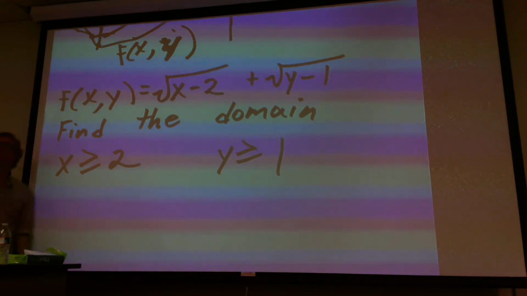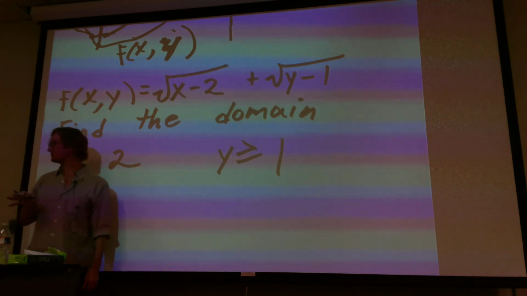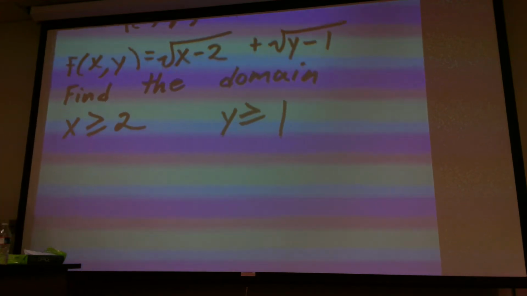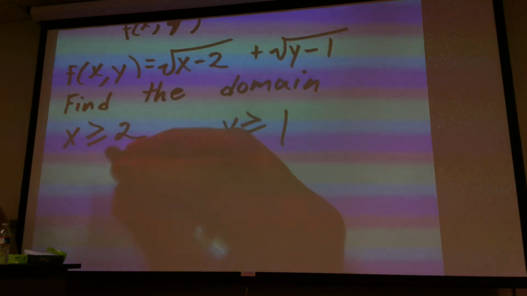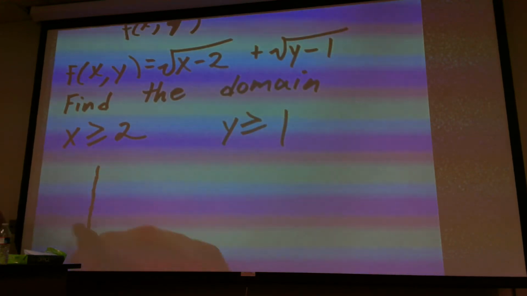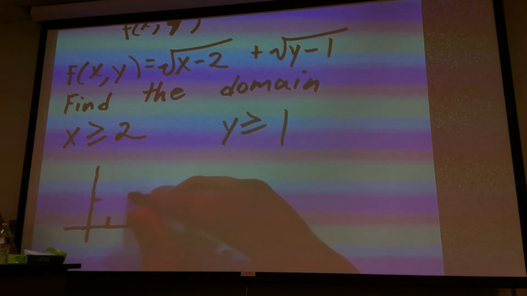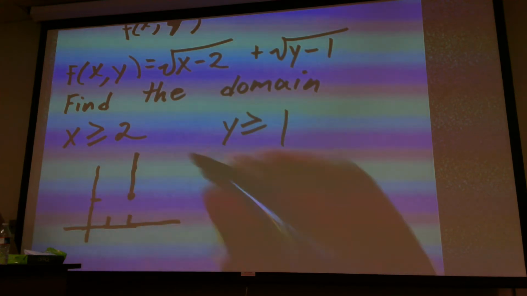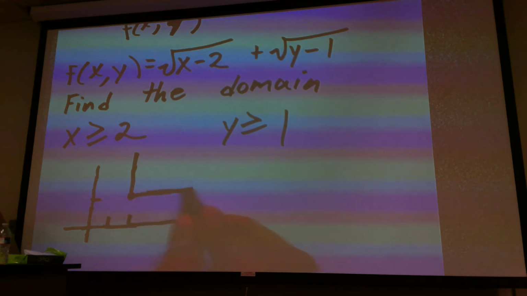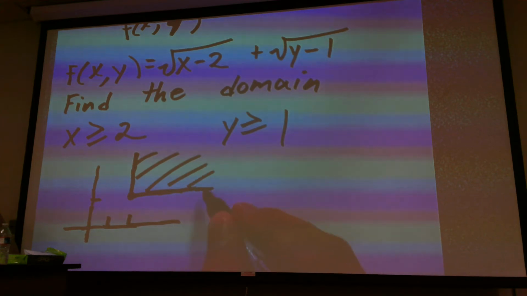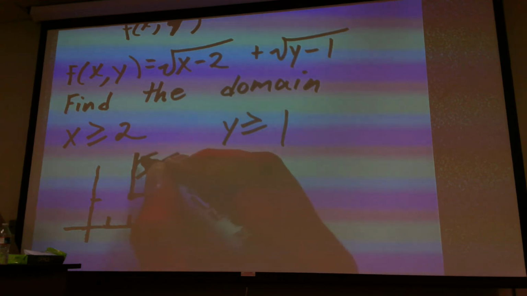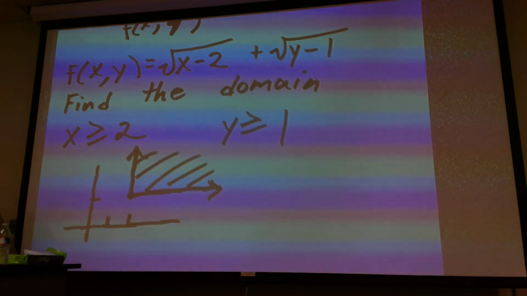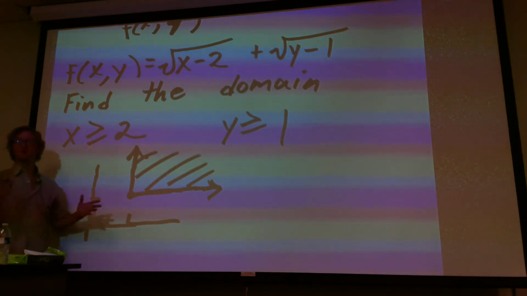So if I was going to draw the domain of this function, I'd go to 1 and 2, and then go up by 1, and draw this thing like this. The domain would actually be that rectangle that just keeps on going out into space.